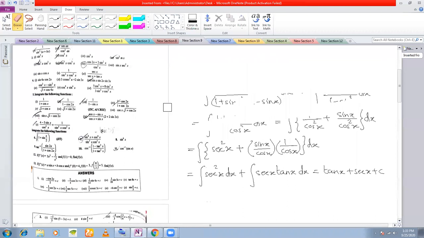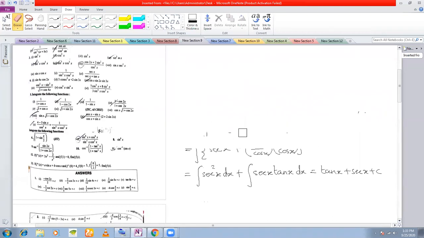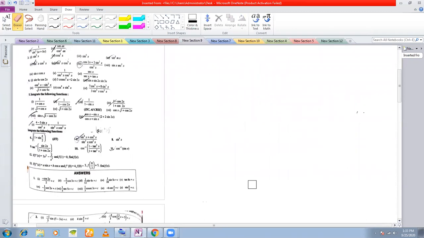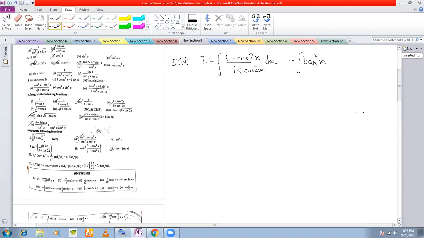You know the formula for 1 minus cos 2x by 1 plus cos 2x? It is tan square x.